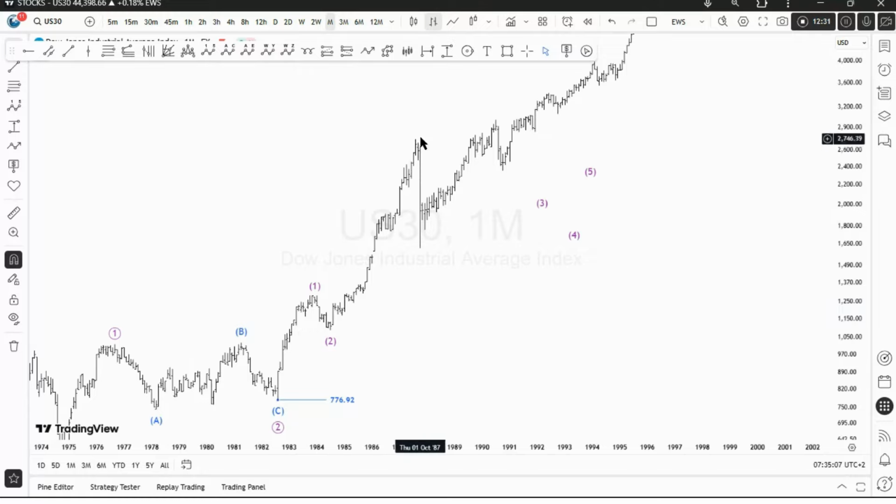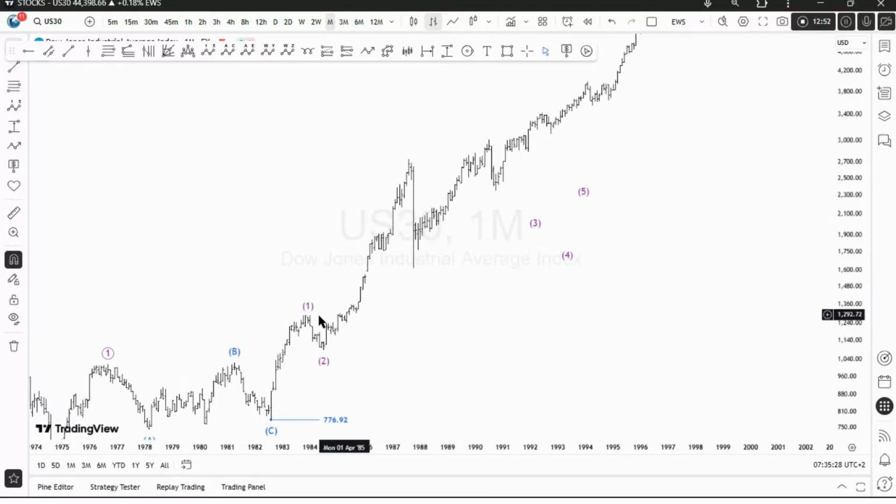And if you look at this correction, it sort of fits the narrative of this wave 2, the guideline of the right look is well suited here. This decline, the 1987 crash, does align in terms of proportionality with what we know as wave 2 of the intermediate degree, not the primary.